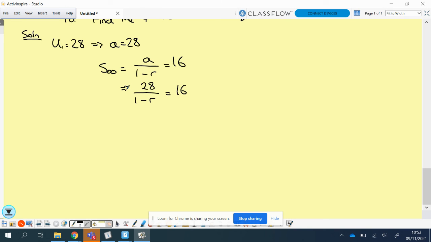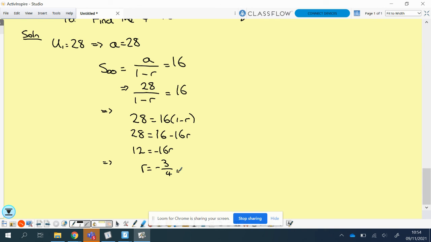Therefore, if I bring the 1 minus r over and multiply it, it's 28 equals 16 lots of 1 minus r. So that's 28 equals 16 minus 16r. Taking off the 16 on both sides, that's 12 equals negative 16r, which tells me that r would be negative 3 over 4.